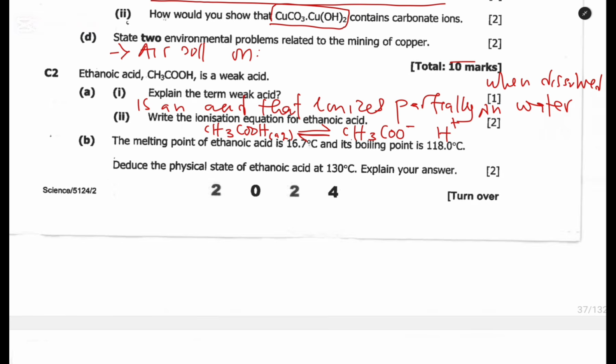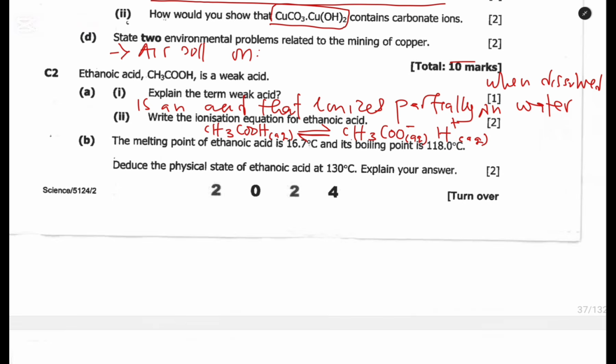You need to know how to define an acid, and give examples or types of acid. We have weak and strong acids, or organic and inorganic, or mineral acids. So you need to know examples of each. This is the ionization equation of ethanoic acid. You can add the state of the hydrogen ion and the ethanoate ion as aqueous.